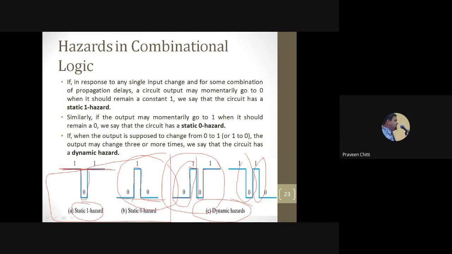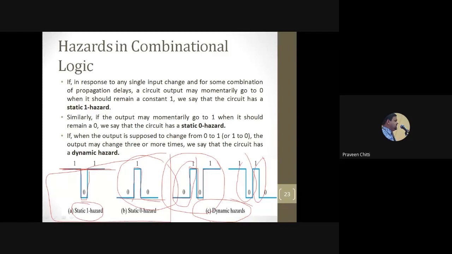That is called static 1 hazard. You may be under the wrong impression that if the output is momentarily changing to 1 it is static 1, and if momentarily changing to 0 it is static 0. No, it is the other way. Is that clear?